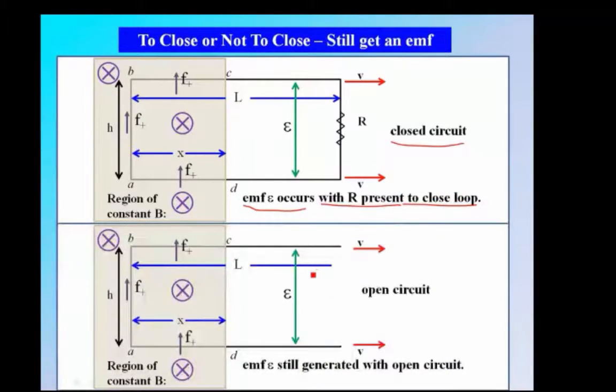However, if we have an open loop, so we have an open circuit, do we still get an EMF? The answer is yes, because what happens is charge separates between these two wires, and the charge will separate until we have a charge separation giving us an E field and a potential difference due to the force on the charge, and when those become equal, you'll get an EMF across there. An EMF is still generated with an open circuit.